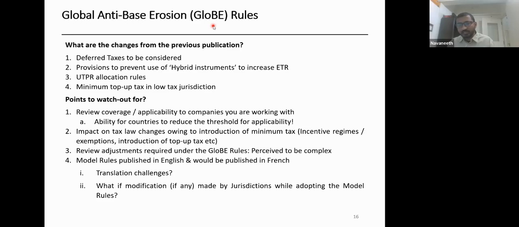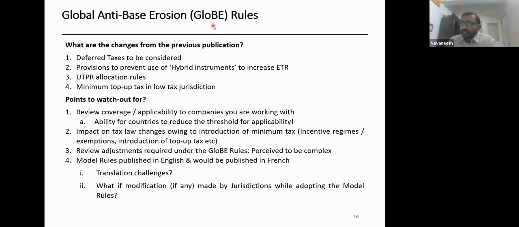The framework says that you have to introduce it for entities with 750 million revenue and above, but some countries may choose to bring the threshold down further. What happens if some of these countries bring the threshold down further? The applicability may increase. Some of the companies you're working with or advising may now have to look at the applicability of these rules.